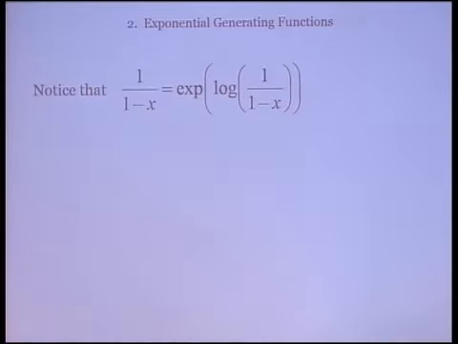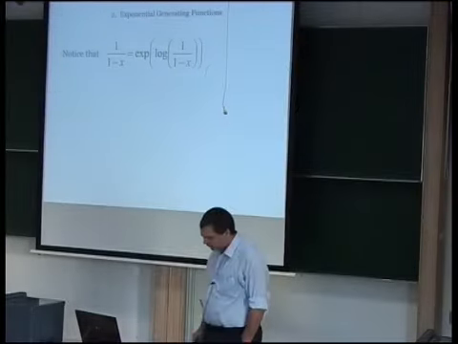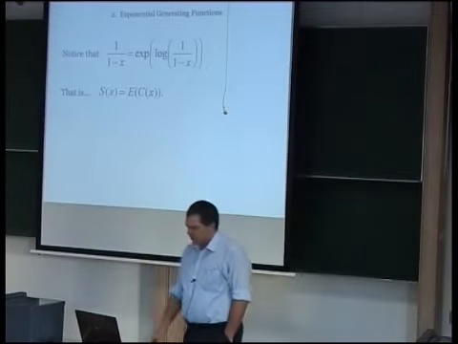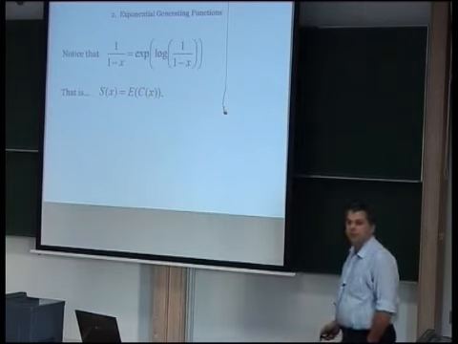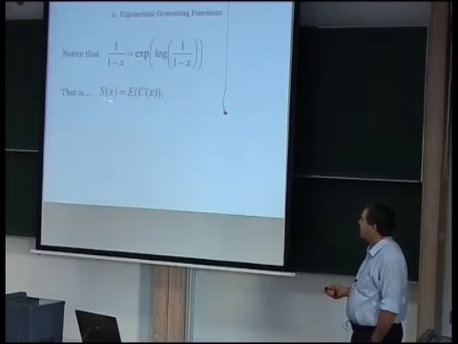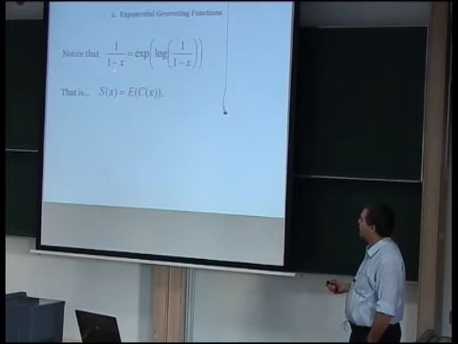The last few examples involved the geometric series, logarithm, and exponential, and there's an obvious algebraic relation among these series. If you think about the classes that these were attached to as exponential generating functions, this is the generating function for permutations, for sets, and for cyclic permutations.